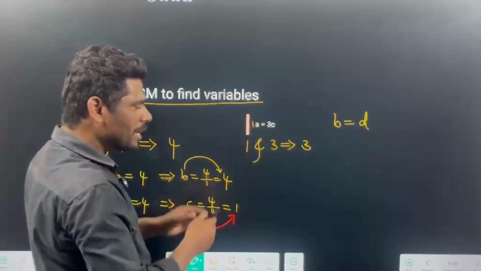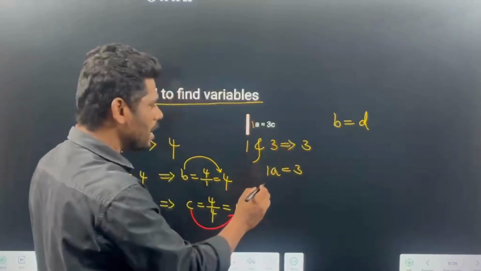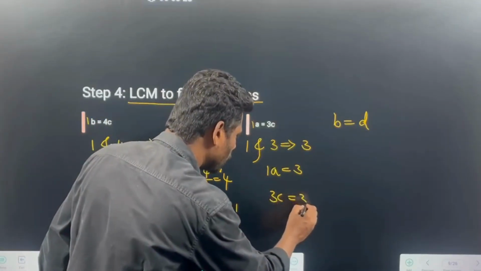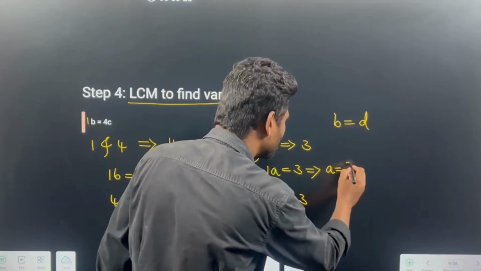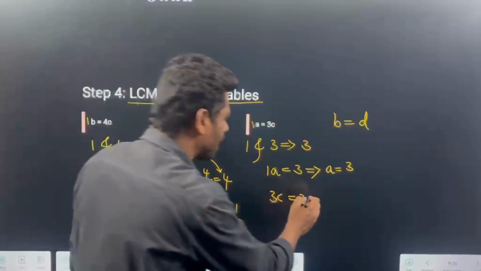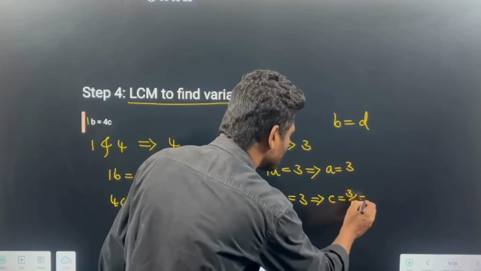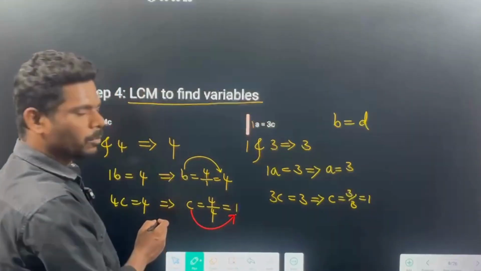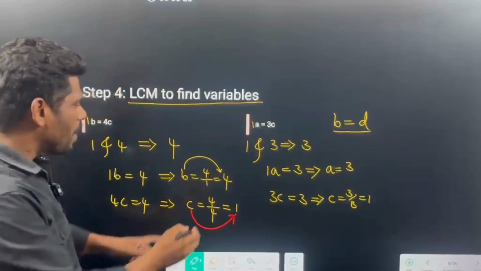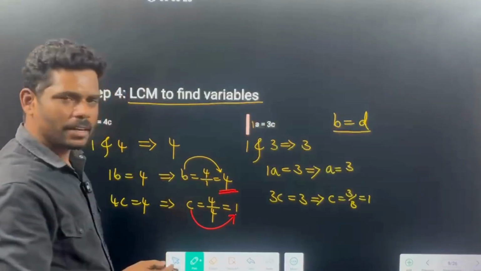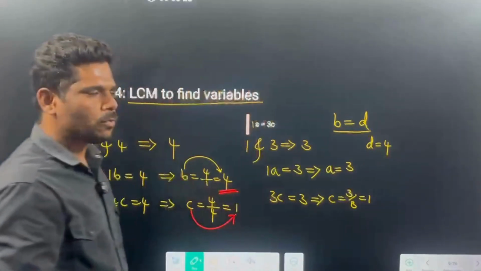So now we got the value of B as 4 and the value of C as 1. Now from this relation, can we find any value? In the same way, 1A should be equal to 3 and 3C must be equal to 3. So from this, we get the value of A as 3 by 1, that is 3. And from here, we get the value of C as 3 by 3, which equals 1, matching with the earlier value. Now obviously, B equals D. Since the value of B is 4, definitely the value of D is also 4.